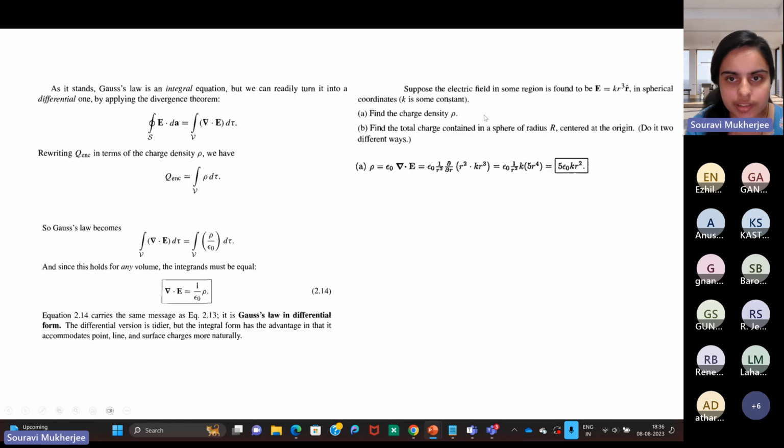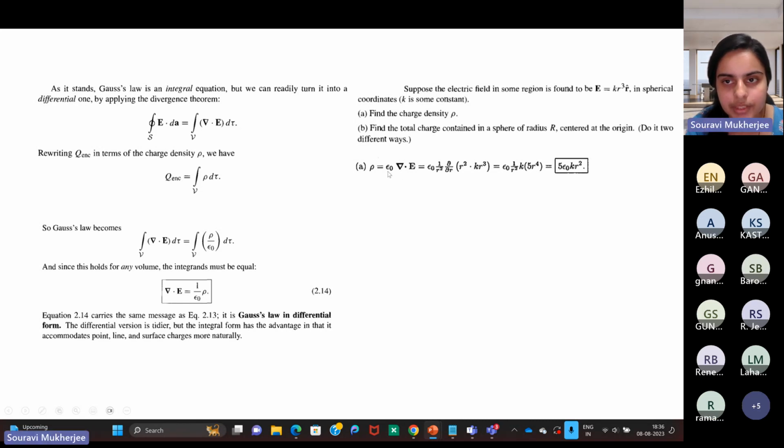So in spherical coordinates, this is how the del R term looks like. It's 1 by R square del R of R square into ER. Here it has no dependence on theta and phi, so we are not considering those terms. So your divergence of E comes out to be this, right?